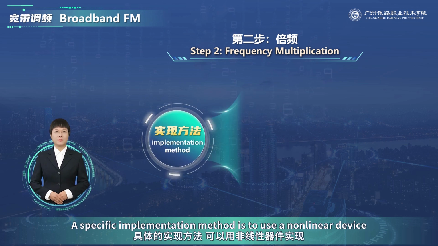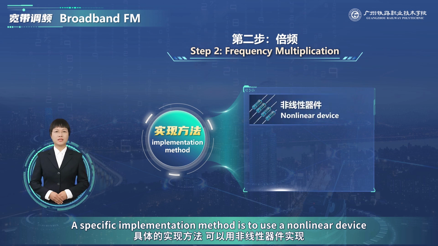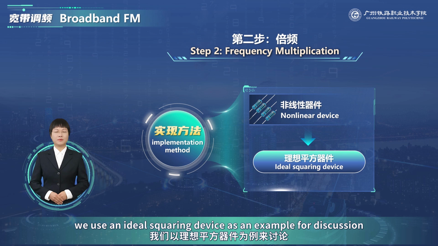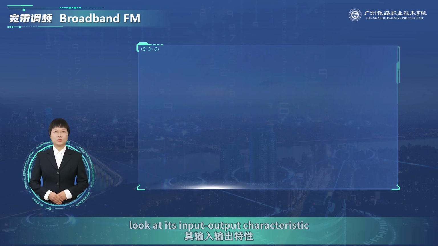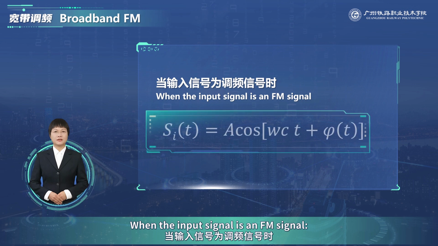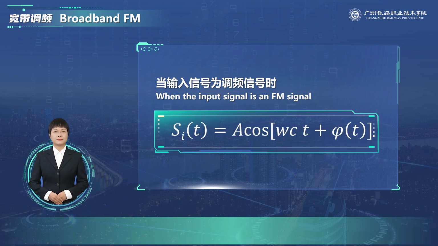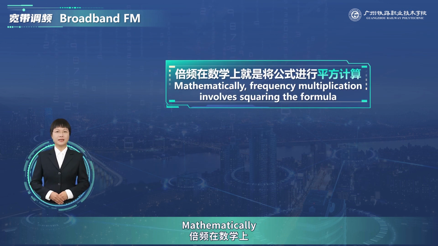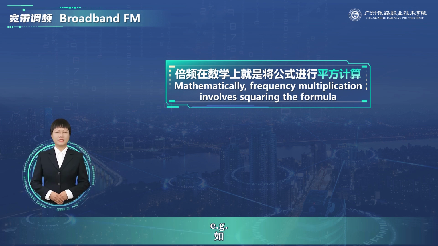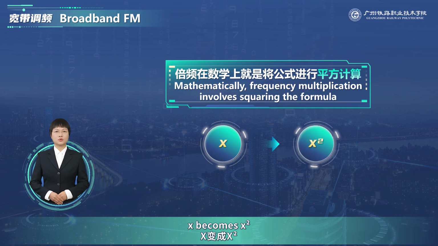A specific implementation method is to use a nonlinear device. Here, we use an ideal squaring device as an example for discussion. First, look at its input-output characteristic. When the input signal is an FM signal, mathematically, frequency multiplication involves squaring the formula, i.e., x becomes x squared.